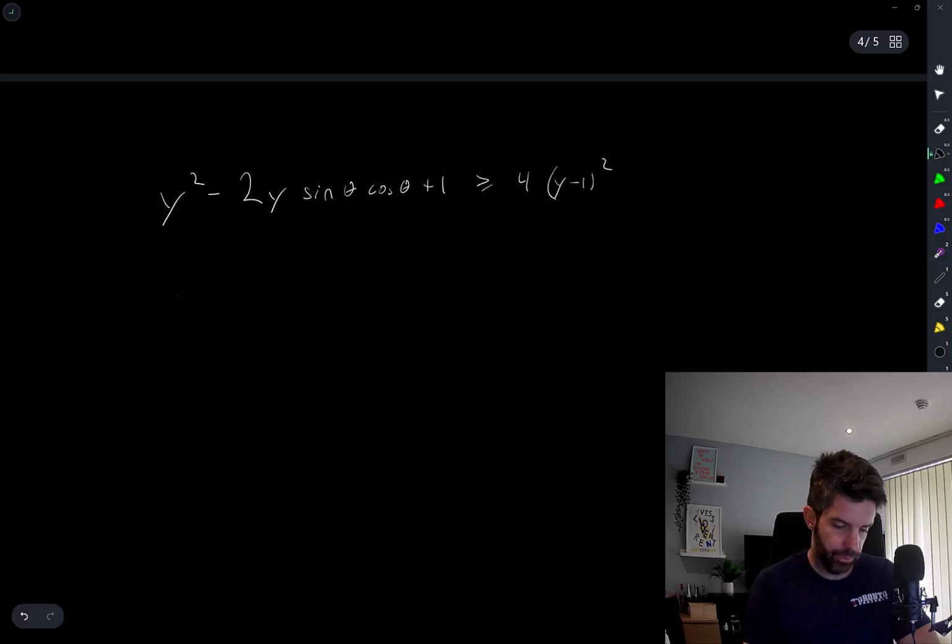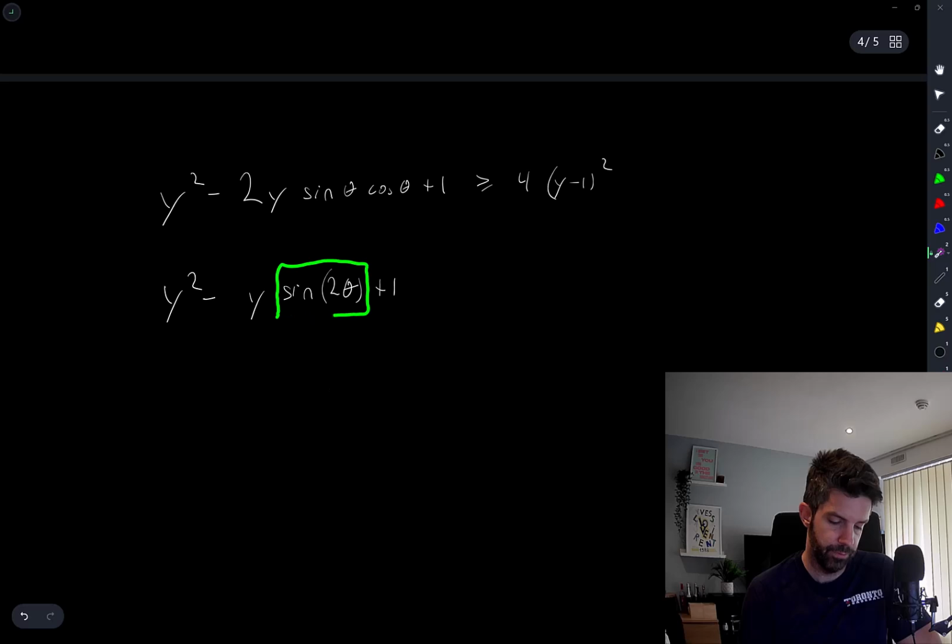But then this is equal to y squared minus y times sine of 2 theta plus 1. But sine of 2 theta can be negative, so this whole thing could be positive, so I can't just drop that term.